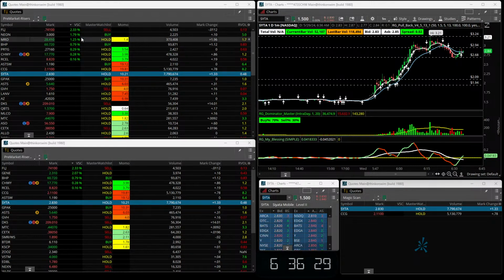Watching these volume spike numbers for anything that might be growing, increasing. Not currently seeing anything else.